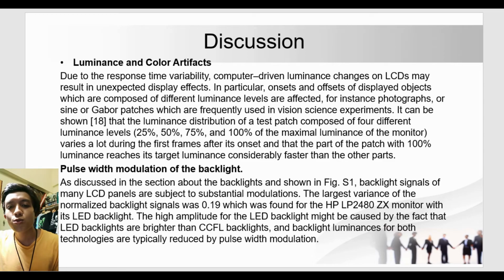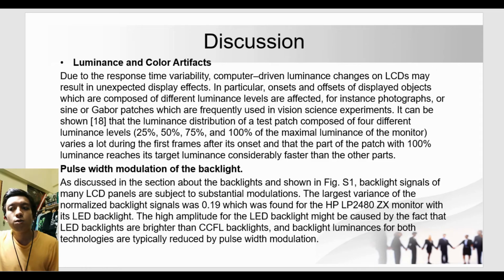Now we're going to continue with the second point of discussion, which is luminance and color artifacts. Due to the response time variability, computer-driven luminance changes on LCD may result in unexpected display effects. In particular, onsets and offsets of display objects, which are composed of different luminance levels, are affected.